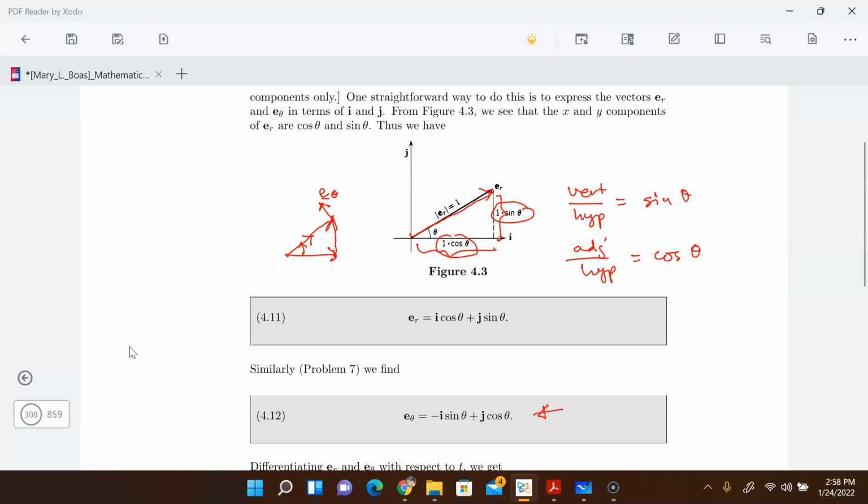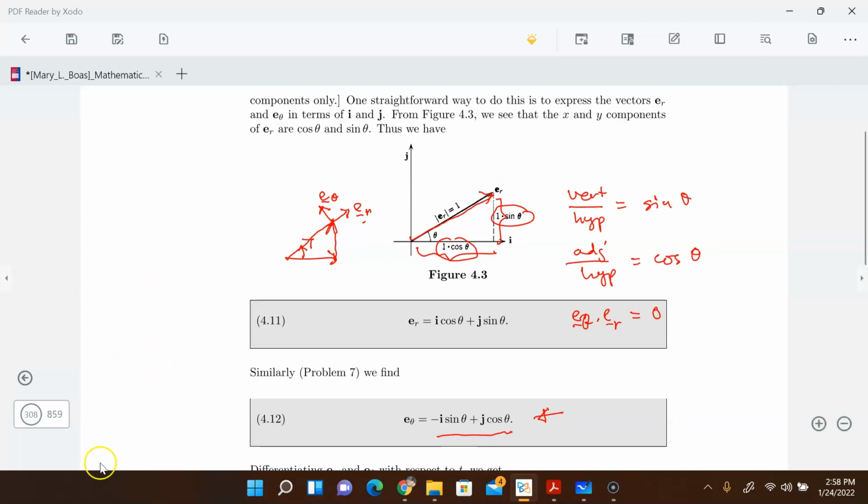Or the easiest way to think about this is to think of your e_r and e_theta, which should be perpendicular to each other. So if I want something perpendicular, I will need e_theta dot e_r to be equal to 0. So the combination that gives you that scalar product equal to 0 is just this combination.